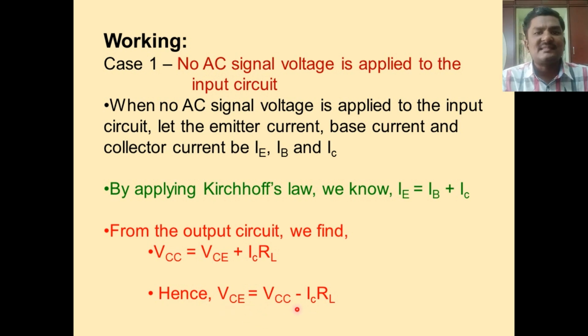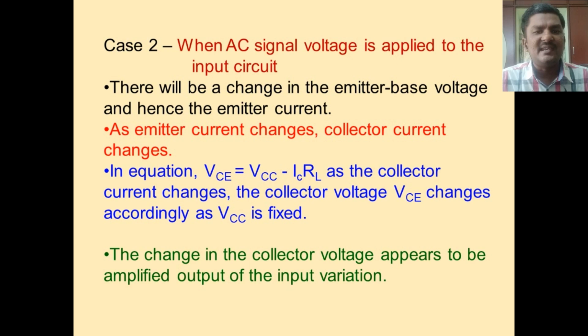In the second case, the input signal is AC, alternating current, alternating source. So AC signal is applied to the input circuit. Obviously there is a change in the emitter base voltage.